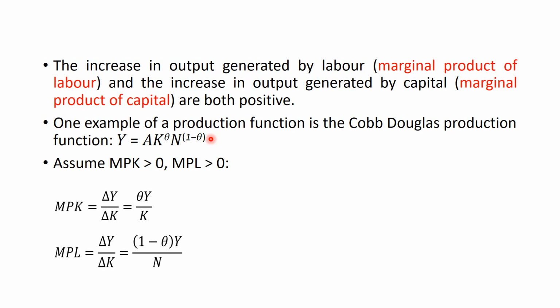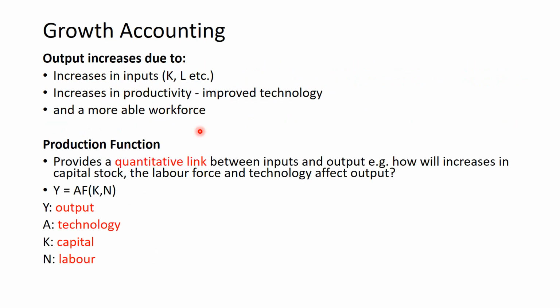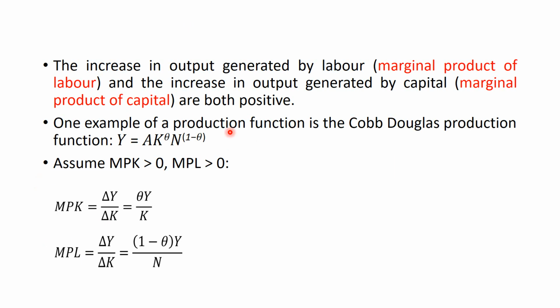A general production function would have been this one here. It's a general form of a production function, the one which we used to explain initially. But in economics, we often use this production function called the Cobb-Douglas production function, and I'll explain a little bit more just now what the values of theta and 1 minus theta are for.